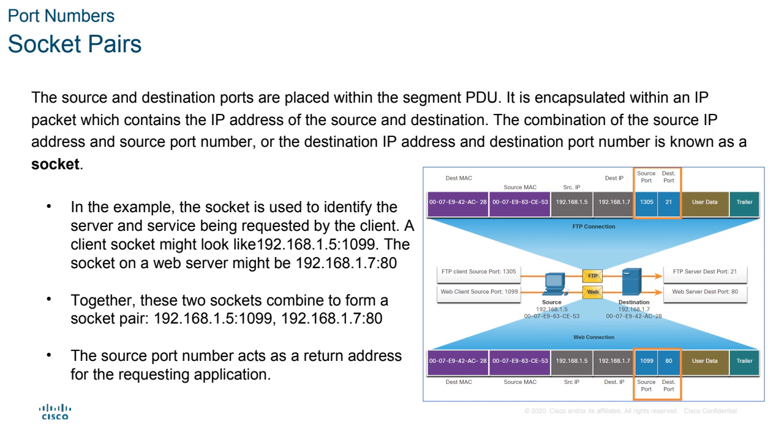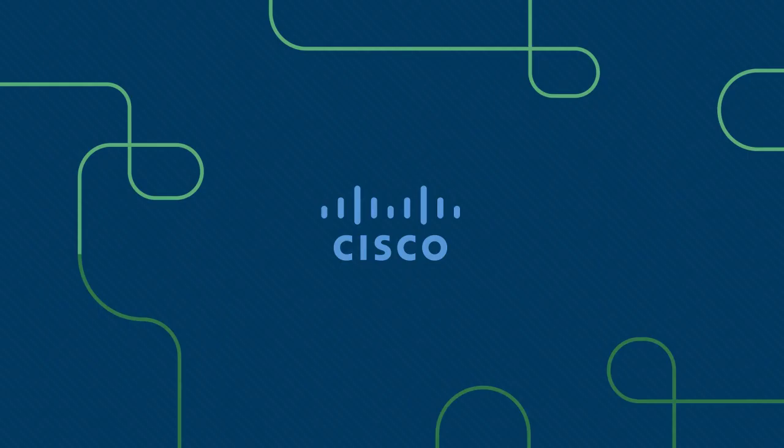What kind of protocol, what kind of application? HTTP. Port 80 is for HTTP websites. All right. The source port number acts as a return address for the requesting application. Any questions about this chapter? No questions?